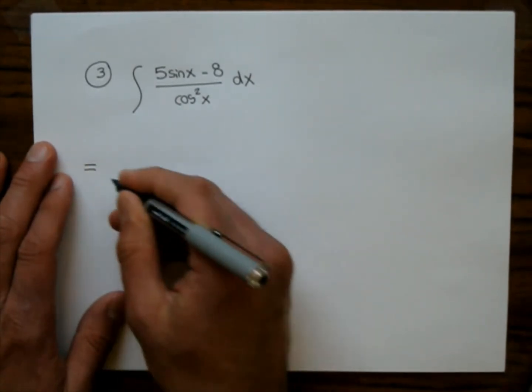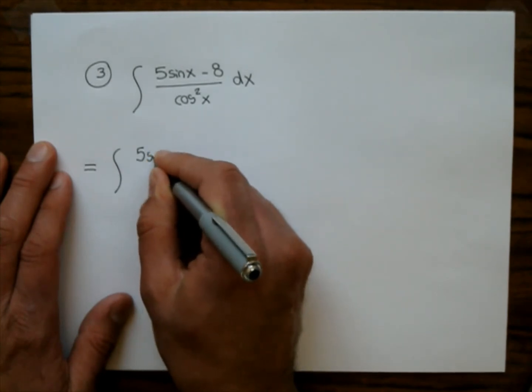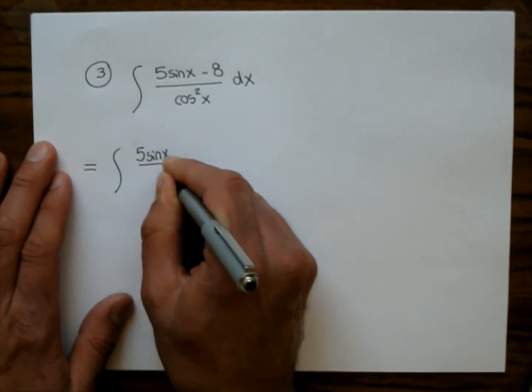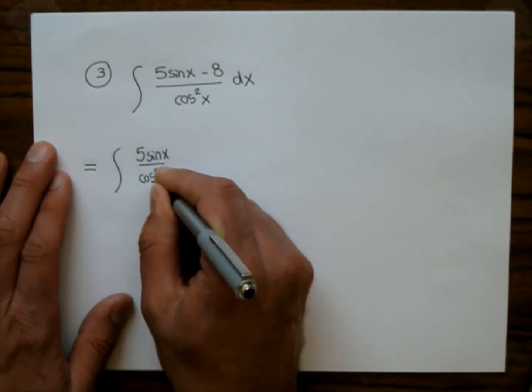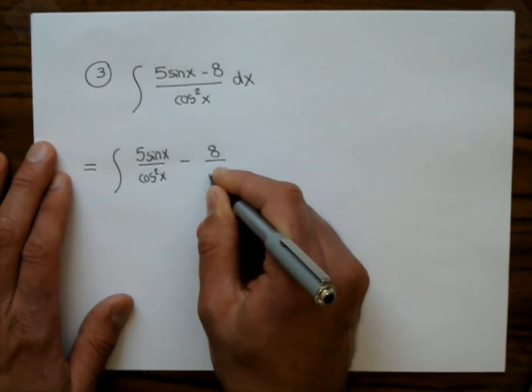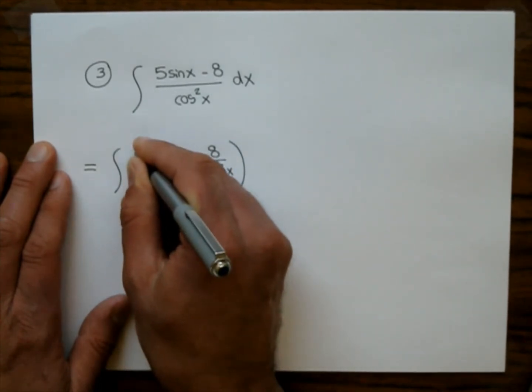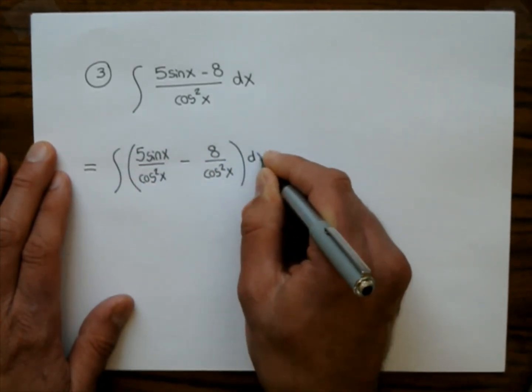So let's go ahead and split our fraction. 5 sine x over the cosine squared x minus 8 over the cosine squared x. And we have two terms, so I'll put parentheses and a dx.